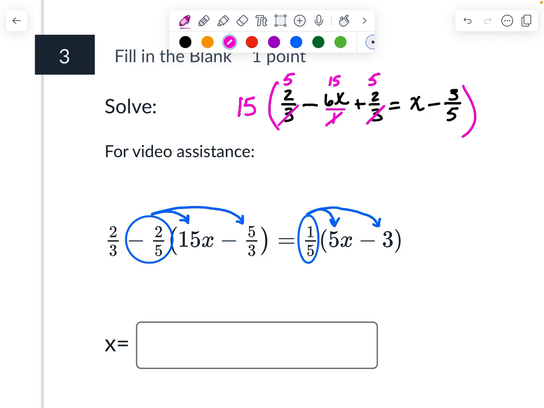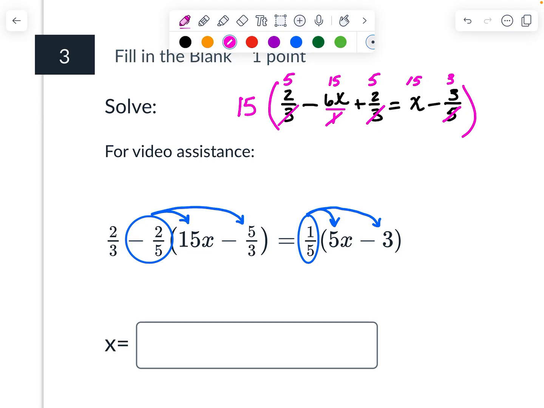Did I miss something over here? Nope. So this will be a 15. And 15 divided by 5 is 3. Yep, did I do that right? I think I did that correctly.